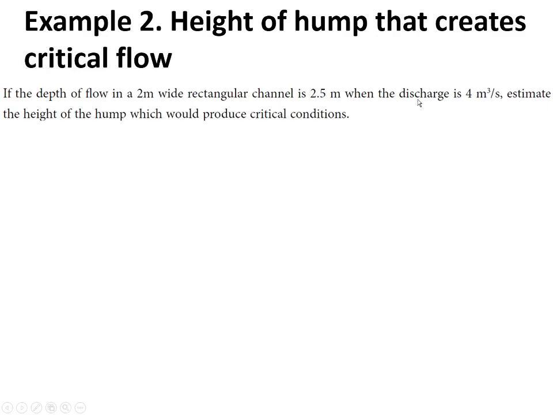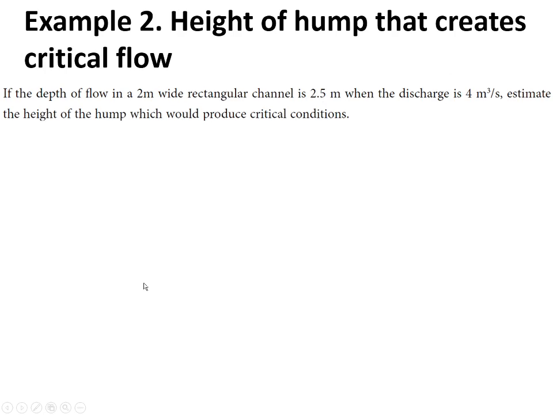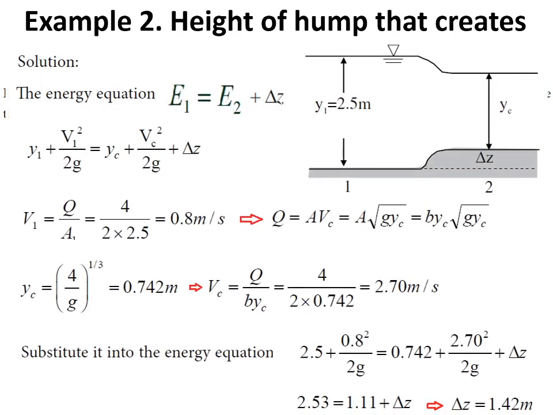Let's check it again. The discharge is 4 cubic meters per second. This is 4, therefore the bottom width is 2. Therefore q, a lowercase q, equals 4 over 2, and it should be equal to 2.